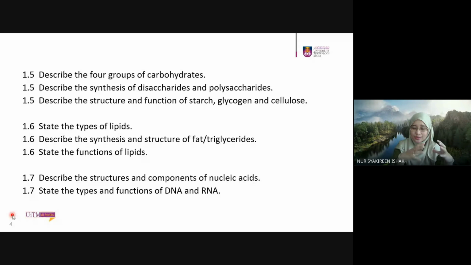DNA is found in the nucleus. RNA is the smaller version that copies certain information from the DNA and is used to synthesize protein in the cytoplasm. Okay, so these are the overview, the topics that we are going to look at in this chapter.